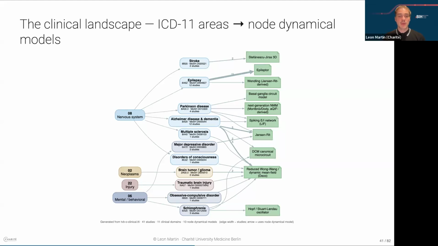We have studies about mental disorders like obsessive compulsive disorder, schizophrenia, or major depressive disorder. And these studies all use the framework of brain network modeling and use different neural mass models and different setups, obviously.